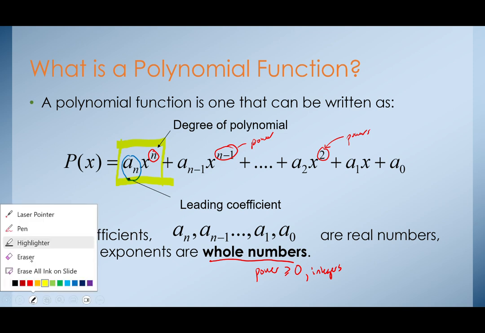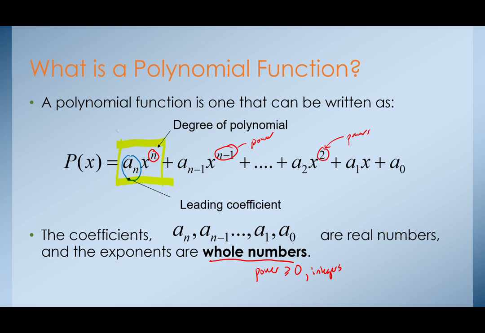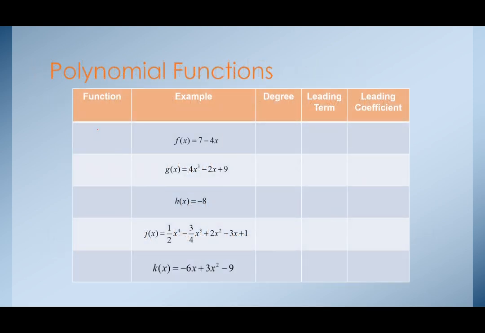So we'll just write that. And it's not necessarily the first one in your polynomial. Usually in standard form we'll have our highest power first, but that's not always the case for the things that you see.